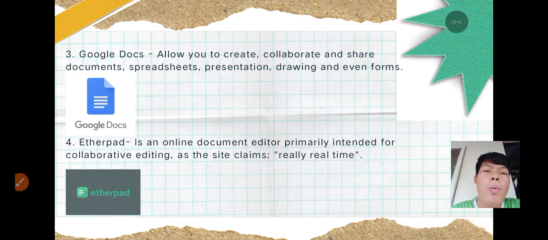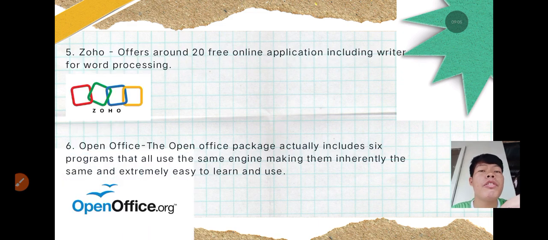And the fourth one is Etherpad. Etherpad is an online document editor primarily intended for collaborative editing, in real time as the site claims. Now we have here number five, Zoho.